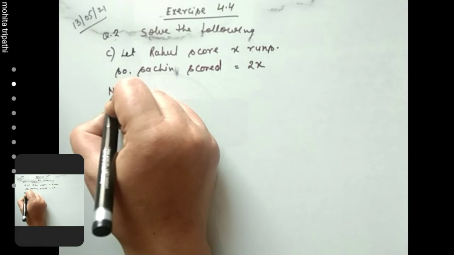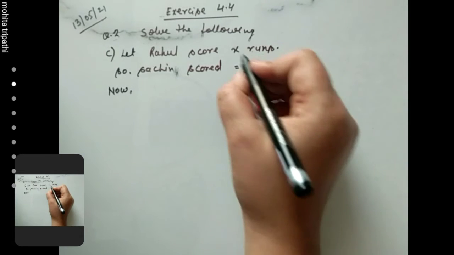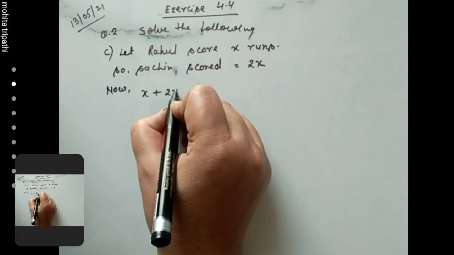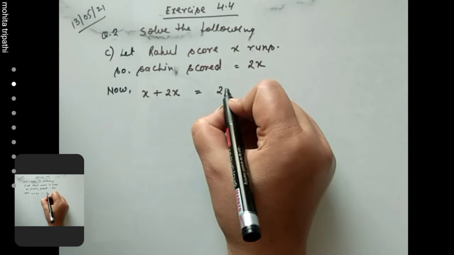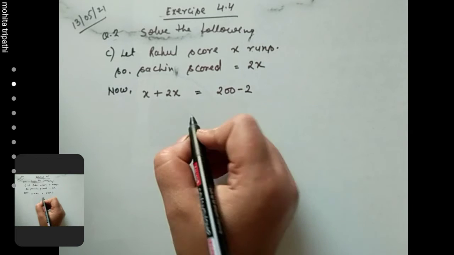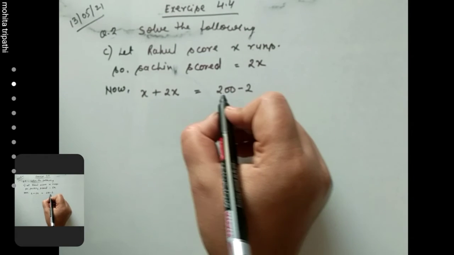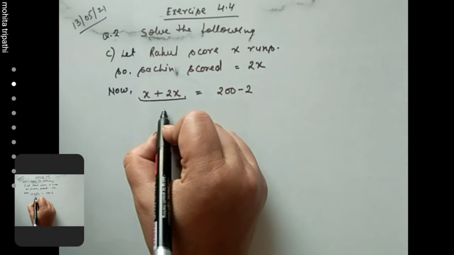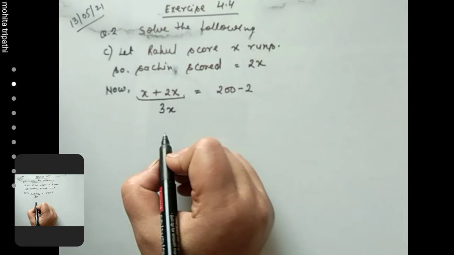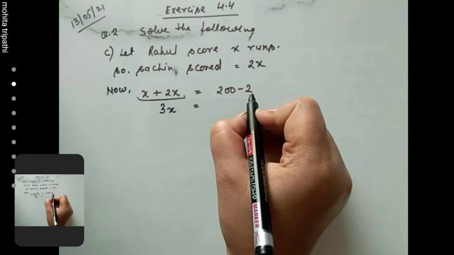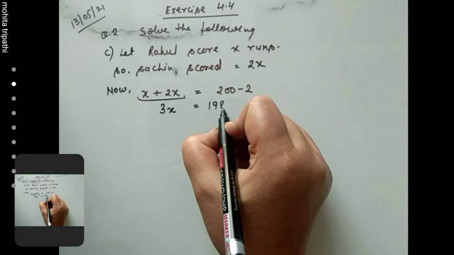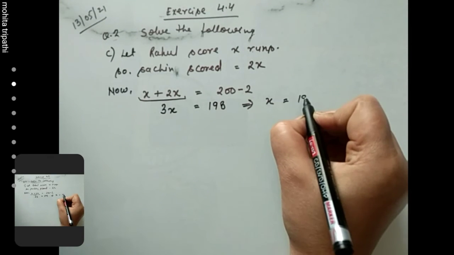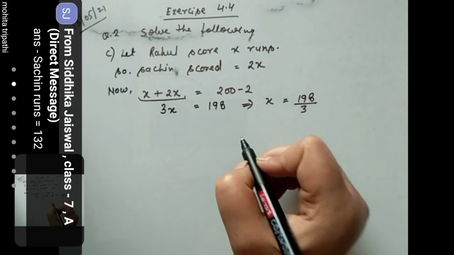So now together means when we add them, x plus 2x, the result is 2 less than a double century. Here x plus 2x is 3x. So 3x is equal to 200 minus 2, 198. Now you can easily find out the value of x. 198 upon 3 will be a division.